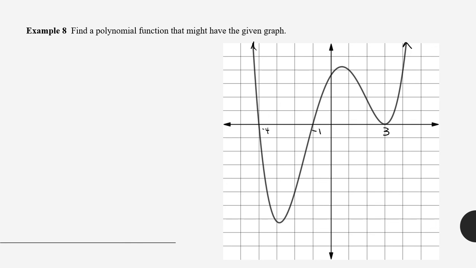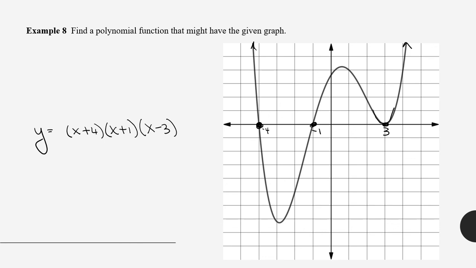Basically we know the zeros of the function, and I also know whether the graph touches or crosses. Okay, so -4 is a 0, so x plus 4 must be a factor. -1 is a 0, so x plus 1 must be a factor. 3 is a 0, so x minus 3 is a factor.